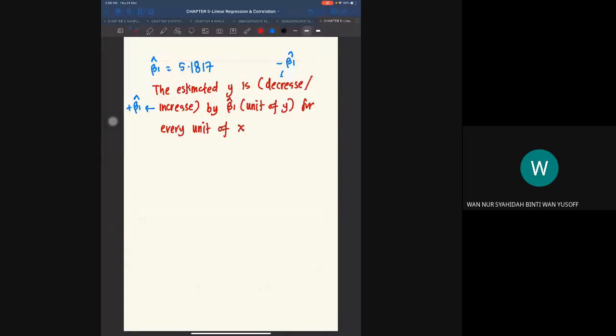Okay, that's in general. So based on our data here, the estimated cost of fire damage, does it increase or decrease in our case?